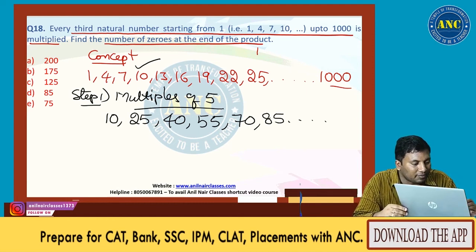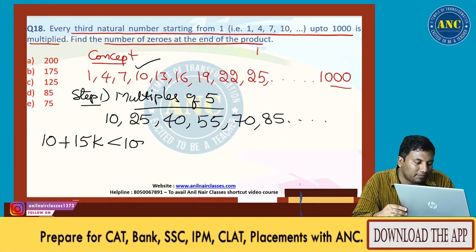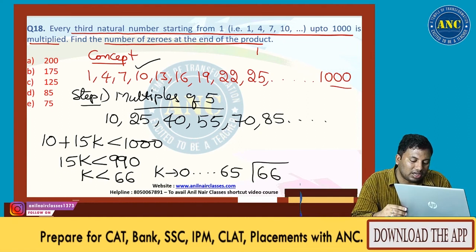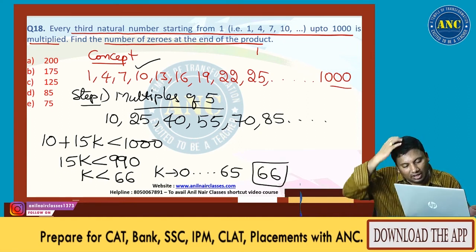So how many numbers are there? This is nothing but the 10 plus 15k format. It should be less than 1000, that means 15k is less than 990, so k is less than 66, since 15 times 66 is 990. So k will be from 0 to 65. 66 numbers are there which are multiples of 5.